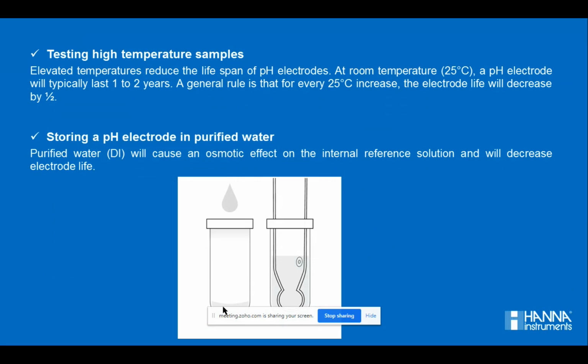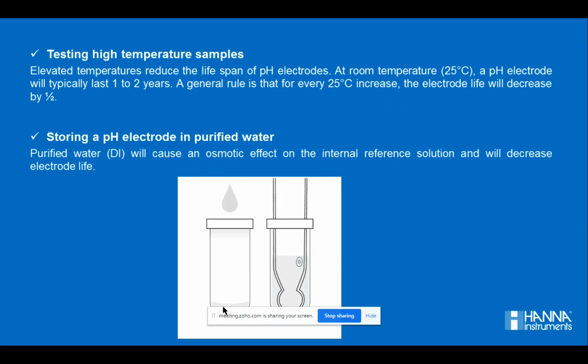If you have continuous measurements at ambient or room temperature of 25 degrees centigrade, you might consume the maximum lifetime of the pH electrode, which is 2 years. You have to accept that the maximum lifetime of a pH electrode is 2 years if you store, maintain and clean your electrode properly and measure continuously at 25 degrees centigrade.